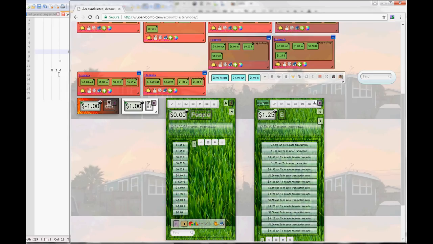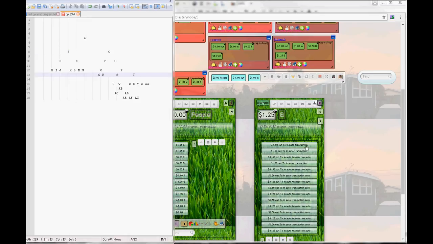So B pays to A, got $1 from D, paid 50 cents for it. Got $1 from E, paid 50 cents for it. Got 50 cents for H, paid 25 cents for it. Got 50 cents for I, paid 25 cents for it. Got 50 cents for J, paid 25 cents for it. Is there too many?